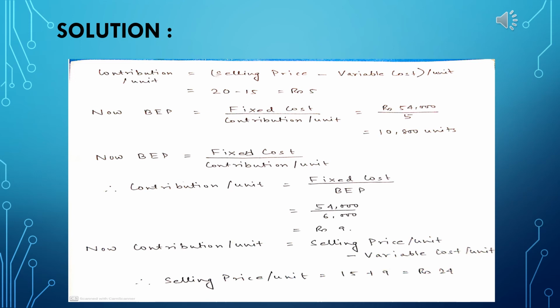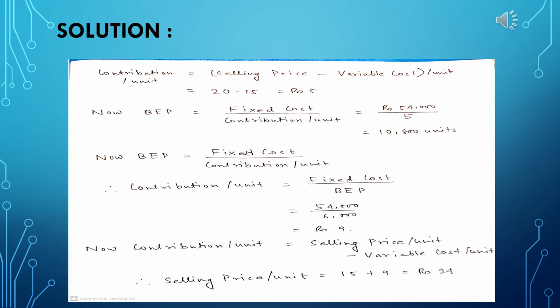Now what is interesting in this particular sum is that this is the break-even point which has been achieved. Now the sum is telling us to bring down the break-even point to 6,000 units. So we have to somehow bring it down from 10,800 to 6,000.